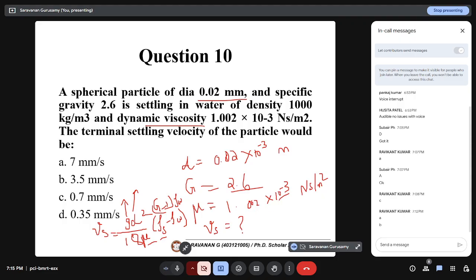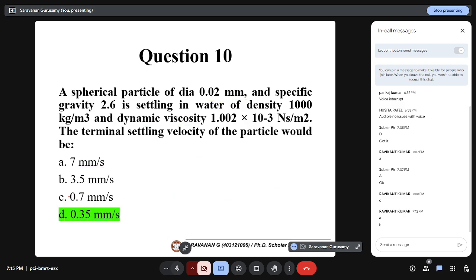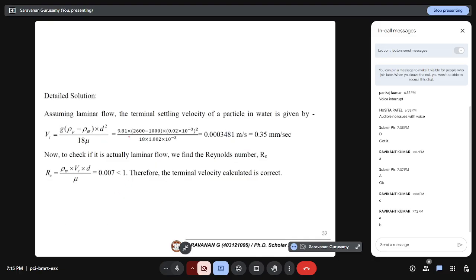Rho s minus rho w is 2600 minus 1000. Okay, 1000 is the water; specific gravity of water is 1 or density of water is 1000 kg per meter cube. If you put everything, you can find the Vs in terms of meter per second. Again convert to millimeter per second. Use this formula, you will get 0.35 mm per second as my settling velocity.